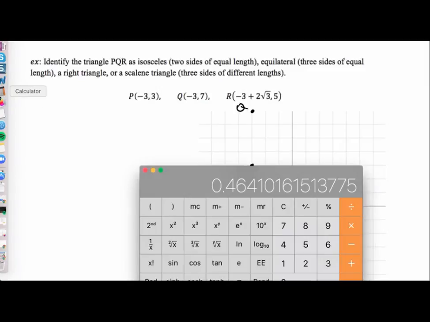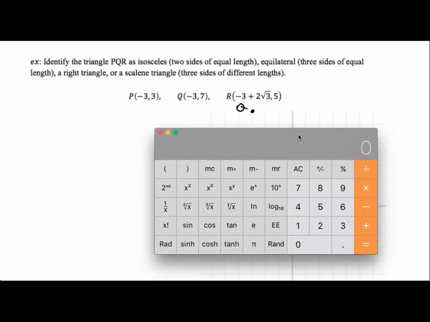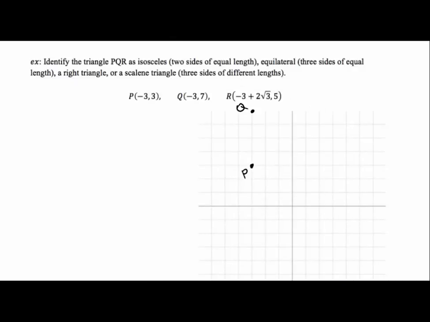Okay, so let's see. We want to do -3 plus 2 root 3. So let's do 3, take the square root. So that's the square root of 3. Now I'm going to do times 2, and then minus that 3 right there. Okay, so that x-coordinate is about 0.464. That's just the decimal approximation of this.